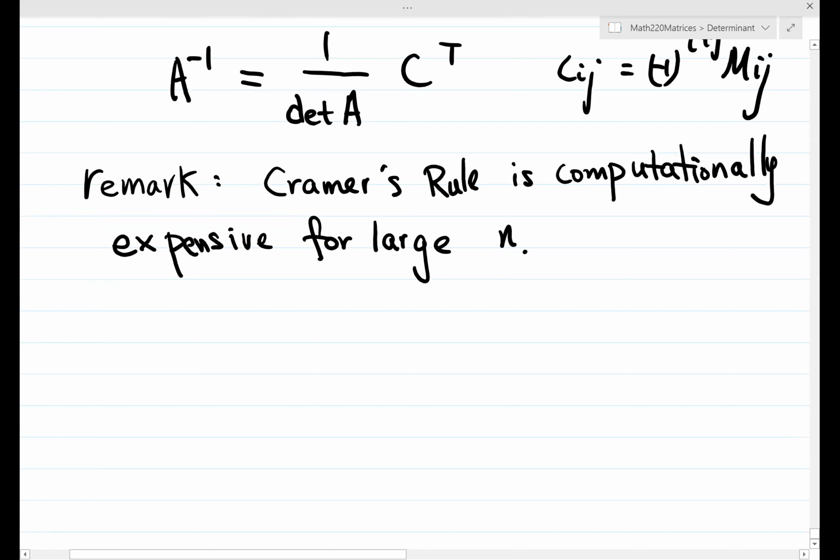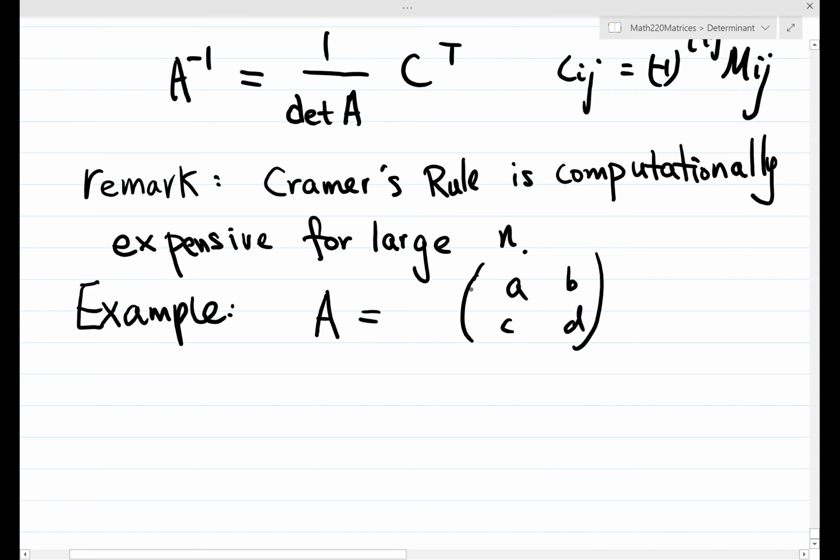Okay, let's see some examples. A is a, b, c, d. Now we do a lower dimension example, 2 by 2. Then we have determinant of A, which everyone knows: ad minus bc.